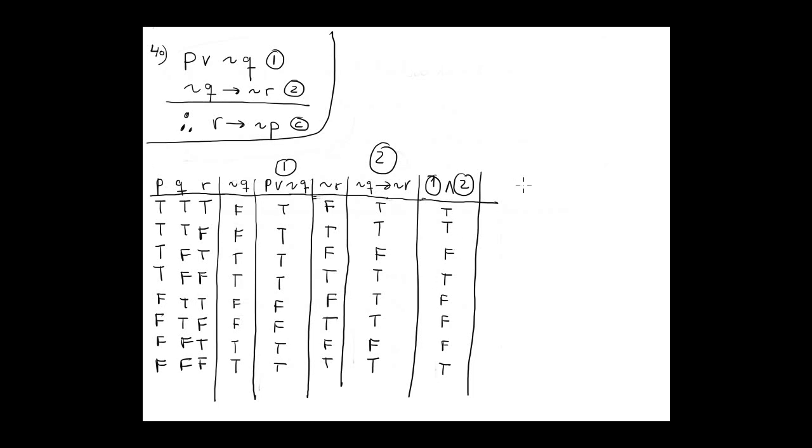Now let's go to the conclusion. The conclusion involves negation P, which is the completely opposite value of P: false, false, false, false, and true, true, true, and true. Now the conclusion is R conditional negation P.